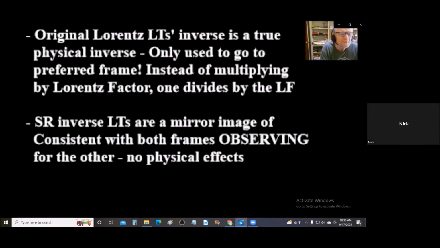While the base Lorentz equations that we just looked at look mathematically the same for both Lorentz theory and for special relativity, for the inverse of those equations, it's quite different. In the Lorentz theory, those inverse equations are true physical inverses, and they're only used to go from the moving frame to the preferred frame.